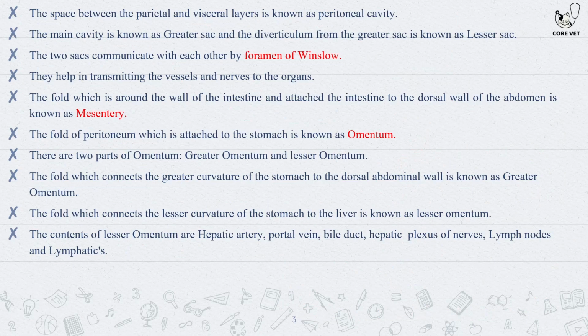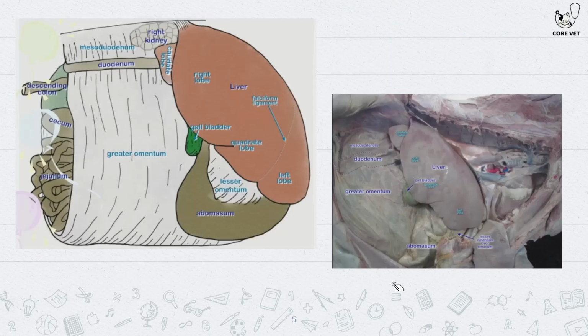Now, coming to the space between the parietal and the visceral layers, it is known as the peritoneal cavity. For an explanatory purpose, let me show you. Let me move to, yeah, here I can explain.